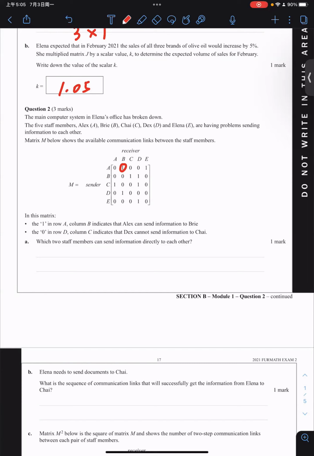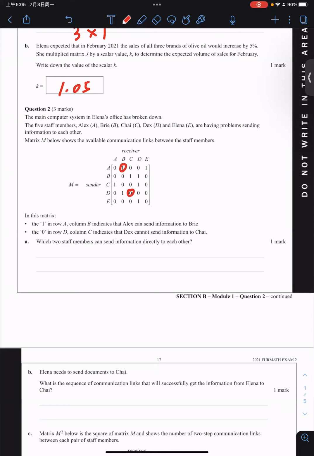So number 1 means we can send. And 0 in the row D, column C indicates Dex cannot send information to Chai. So the row means the sender and the column is the receiver. From the row letters, sending to the column letters. Number 1 means it's sending through, and number 0 means not getting through.